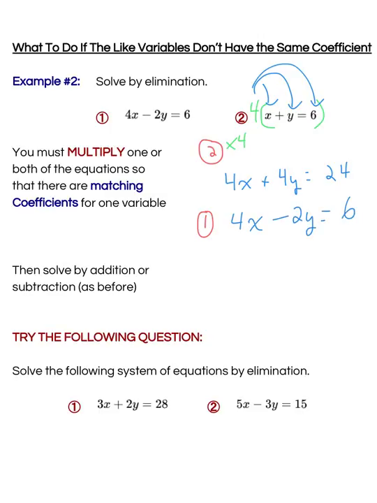Now I've created a situation where my x variable can be easily eliminated, and then it's business as usual. Keep in mind I've done the same things as before. I've aligned my variables right underneath one another, and on the same side of the equation I've aligned my constants, so now I am good to go.